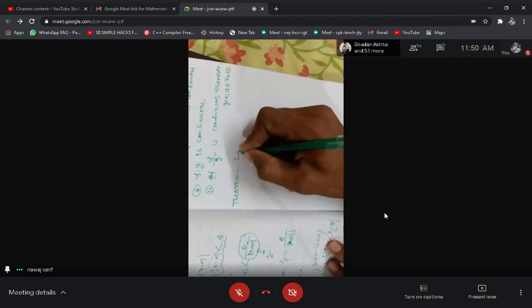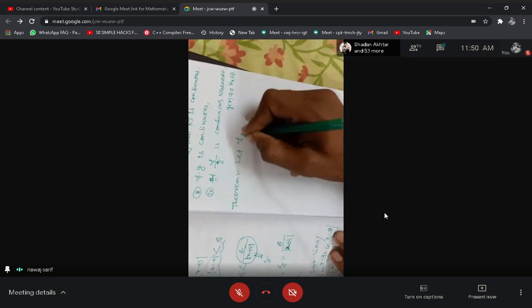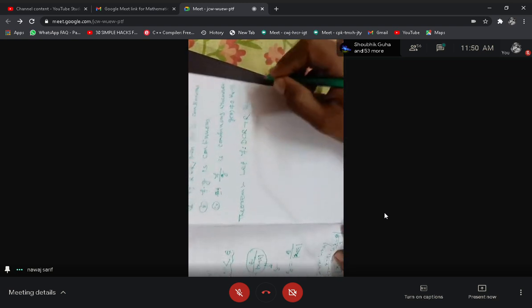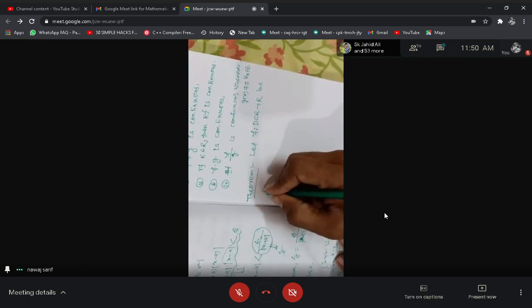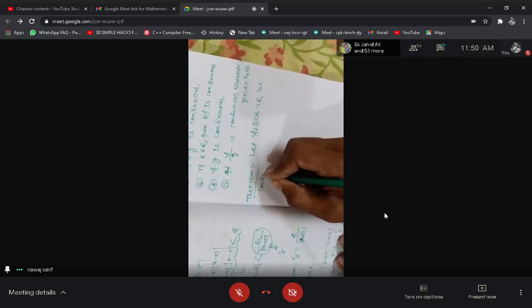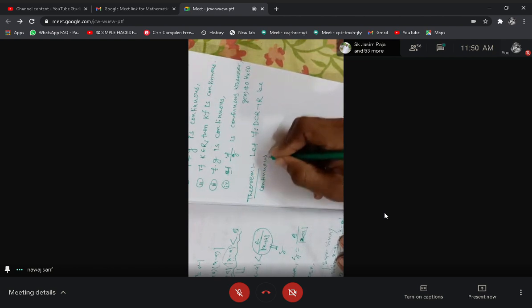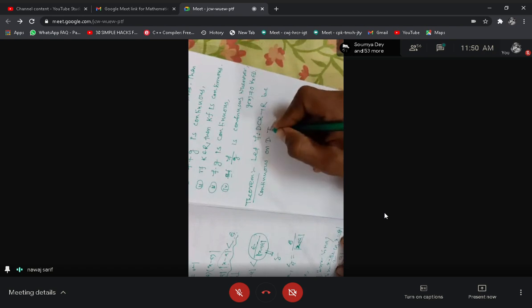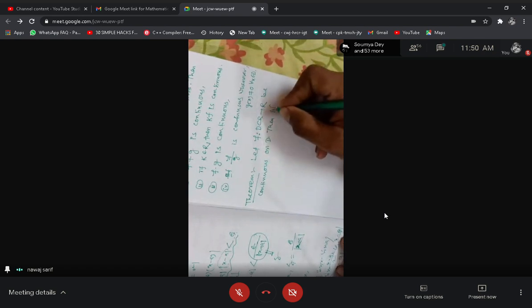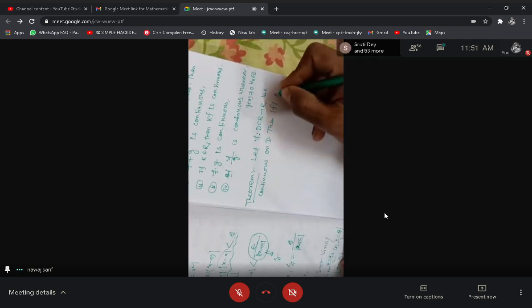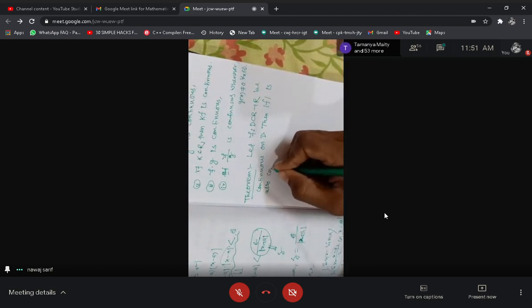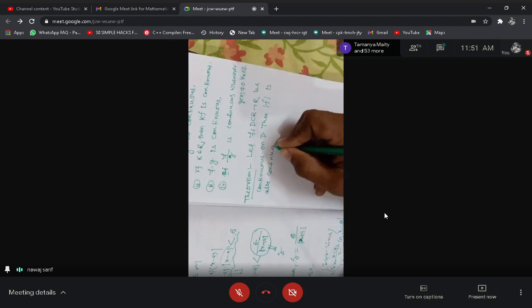Write down a theorem. Let f from D contained in R to R be continuous on D, then mod of f is also continuous.